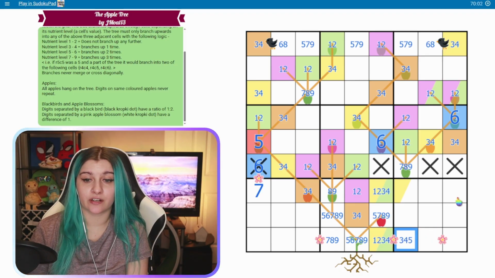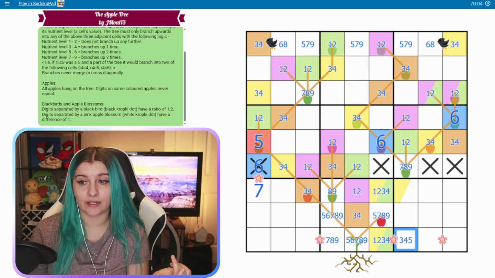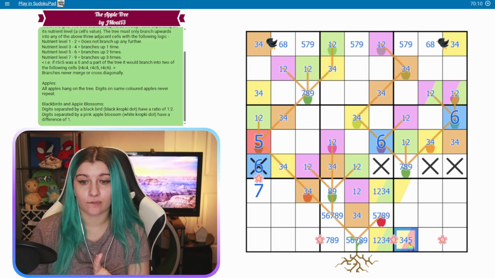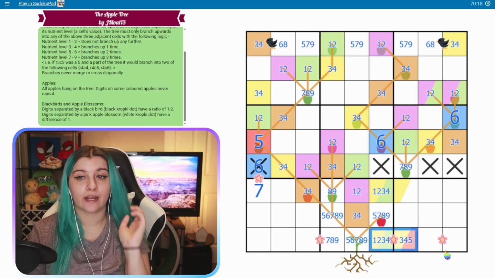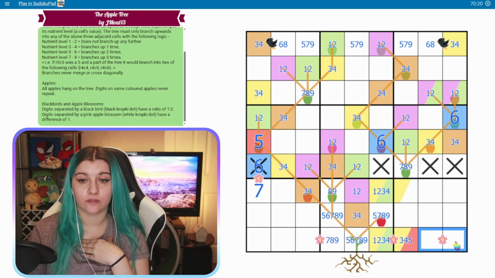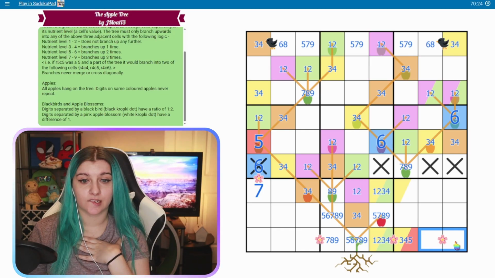The digits here are 3, 4, 5. It's either yellow or red. If it's red, this is yellow. Yellow definitely goes here. Yeah, that makes sense. I need a yellow here also.